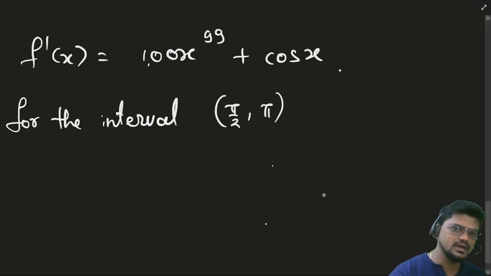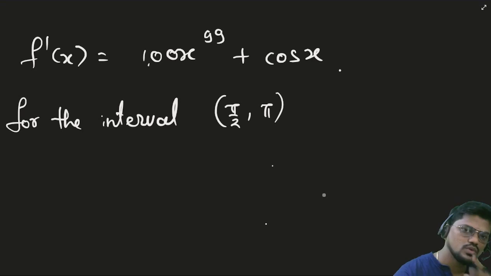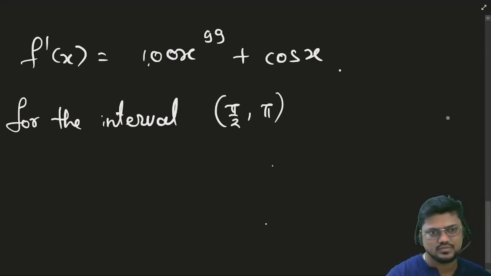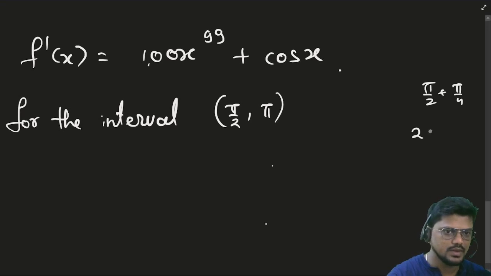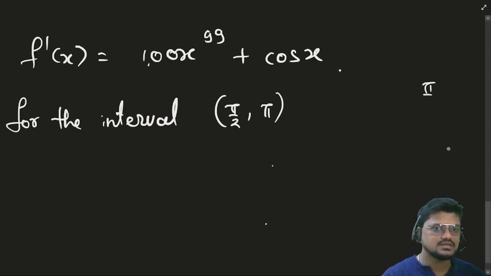From pi by 2 to pi, pi by 2 is 90 degrees and pi is 180 degrees. So any angle in between, say 135 degrees, can be given by pi by 2 plus pi by 4, that is 2 pi by 4 plus pi by 4, which is 3 pi by 4.